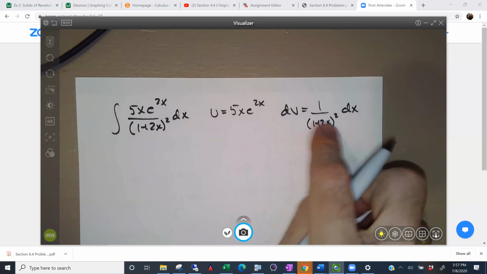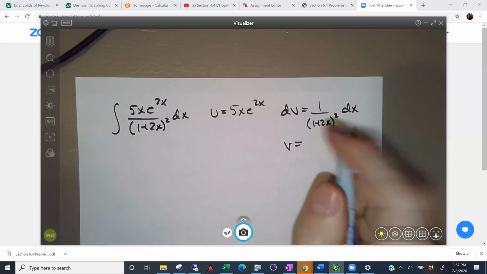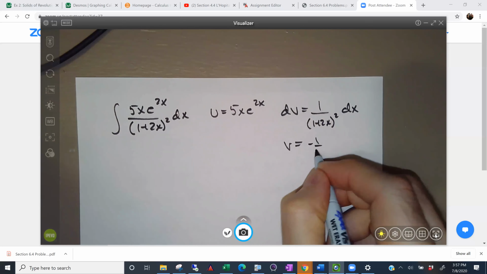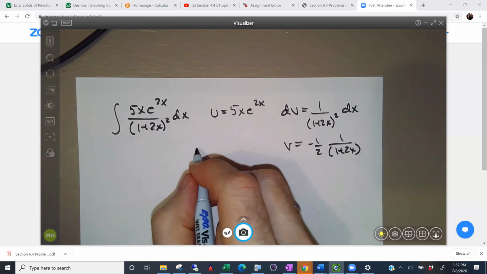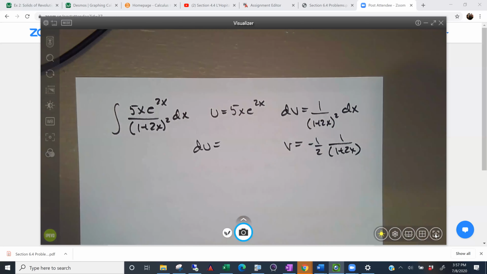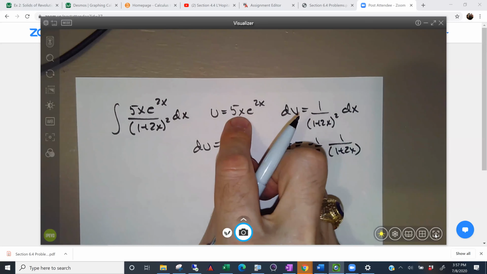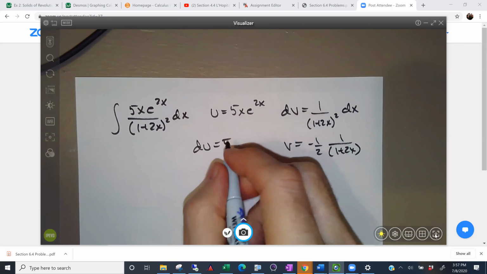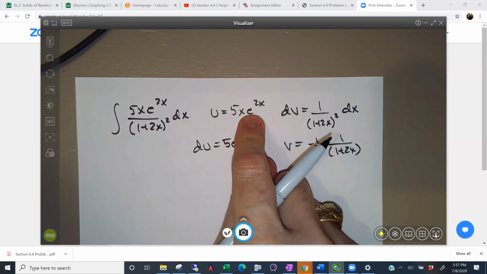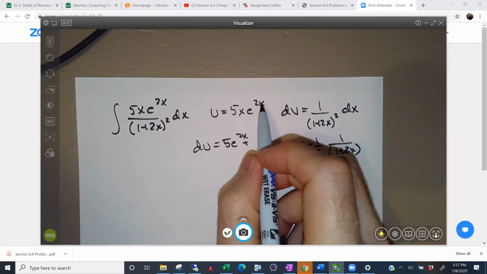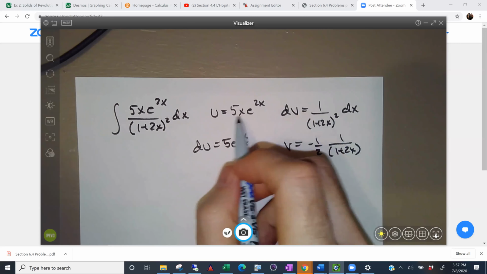Now, with those choices, let me help you out with the v term. You can integrate that with a little u substitution. You'll end up with minus 1/2 times 1 over 1 plus 2x. And here, when you differentiate this, you have to use the product rule, which is kind of annoying. It leaves you derivative of the first, that's just going to be derivative of x is 1, e to the 2x, plus derivative of the second, that's going to be 2 times e to the 2x times 5x.